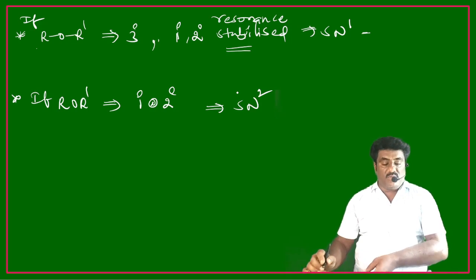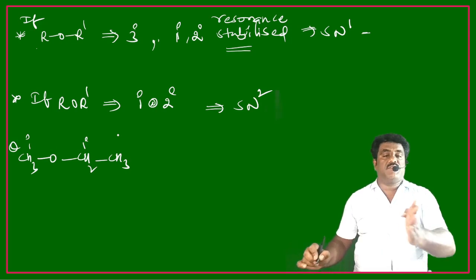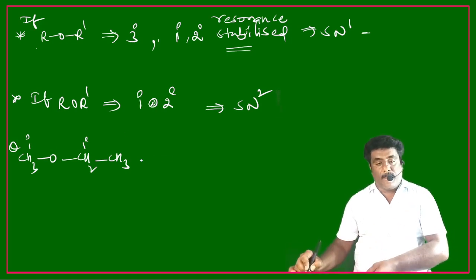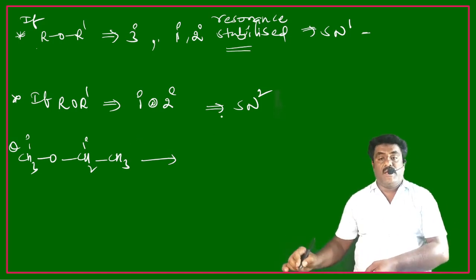Let's take an example: CH3OCH2CH3. Both are primary, a carbon attached to only one carbon. So it undergoes SN2.